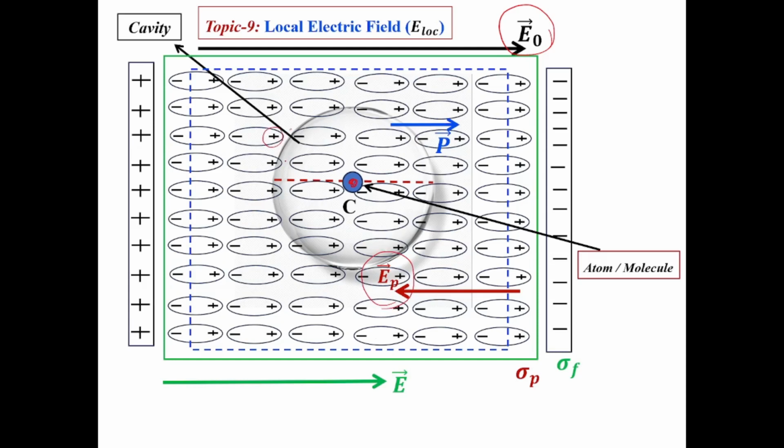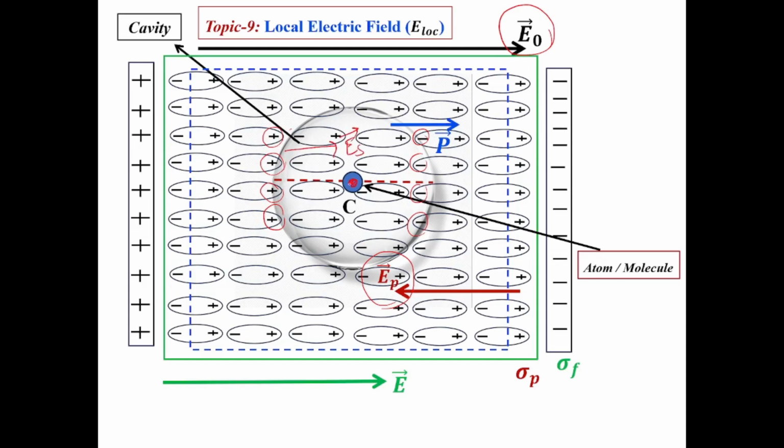The left side of this cavity has positive charges, and the right side has net negative charges. Due to which we get another electric field Es along this direction.